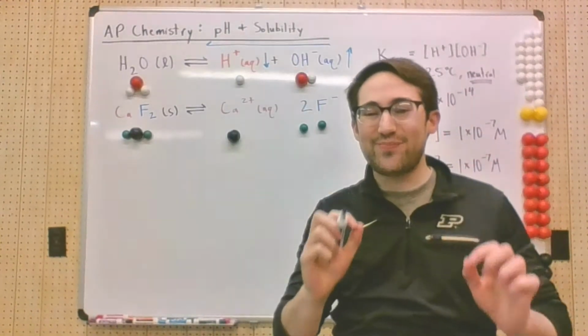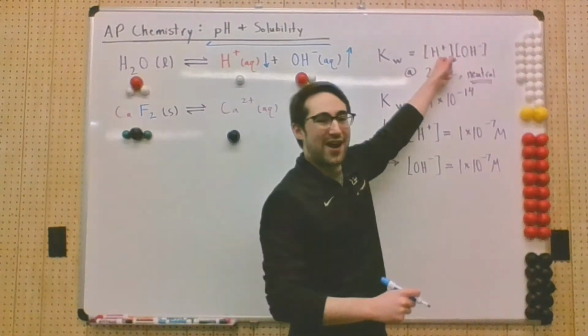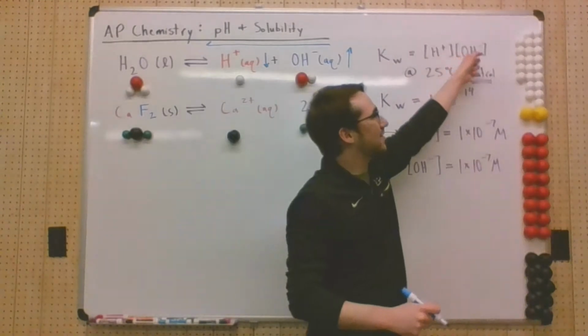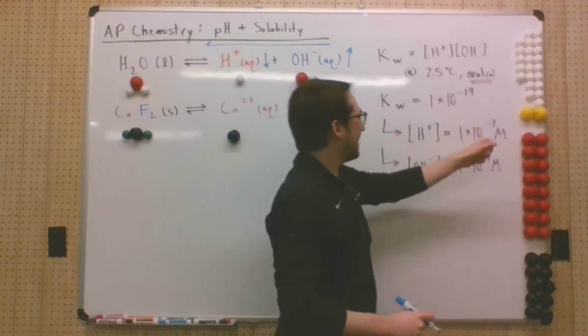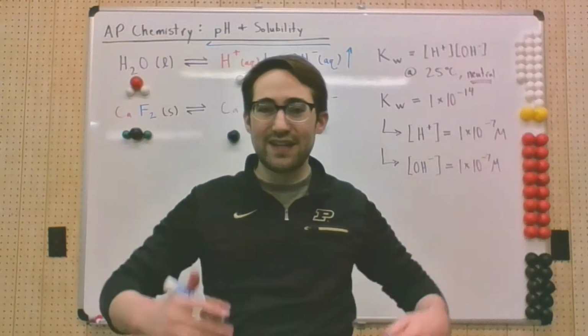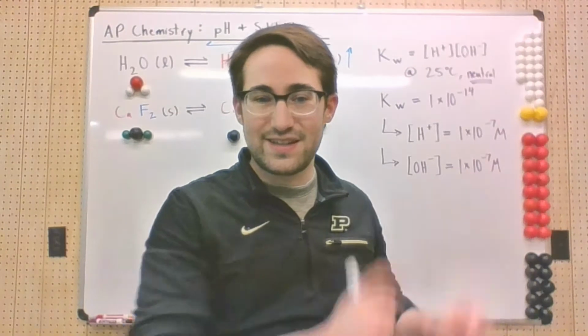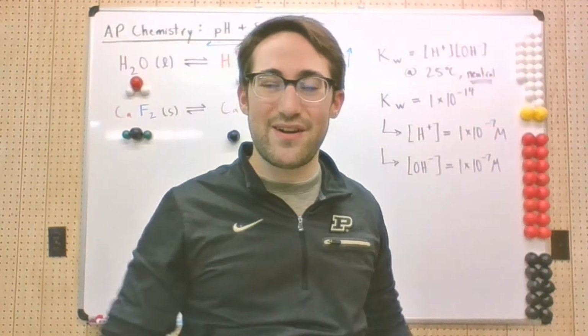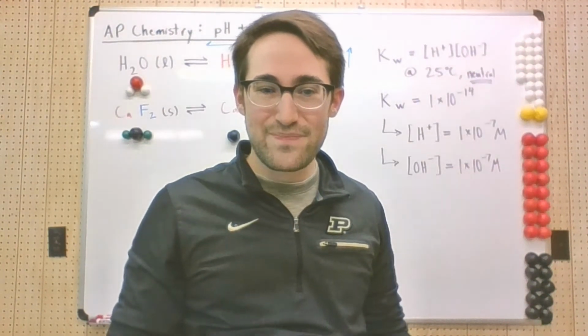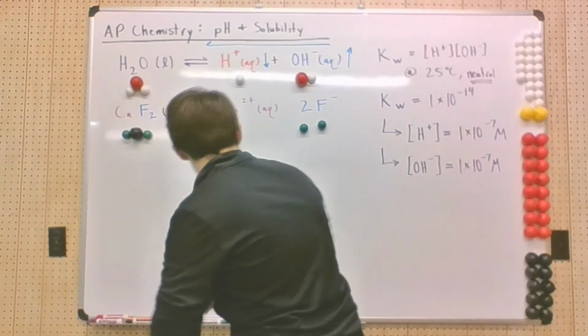But there's still going to be some H pluses, okay? I've still got to have some concentration to plug in here and some concentration to plug in here to get this Kw value, to get the equilibrium constant. It is an equilibrium because I've got to have both of those present. The H plus and the OH minus have to be there in some concentration, okay? So in a basic solution, let me set this out.